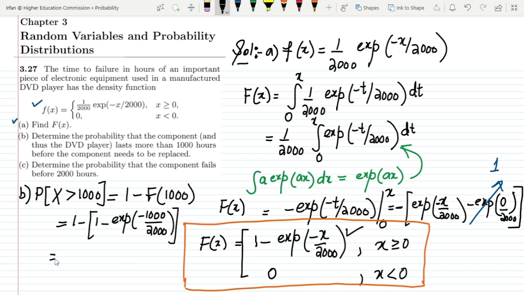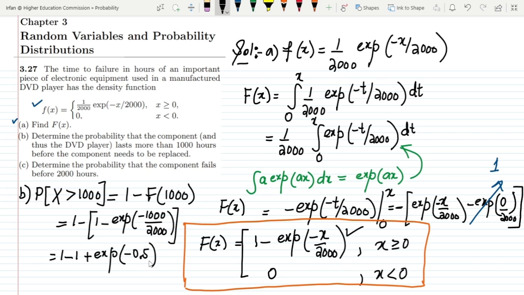Okay, now let me find them out, and I can very easily see that it will become 1 minus 1 plus exponential of minus 1000 by 2000, this will be minus 0.5.